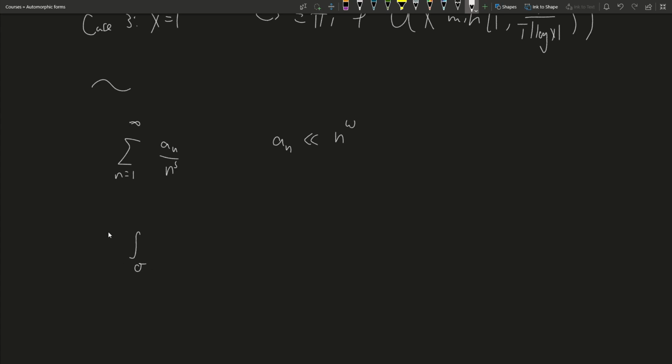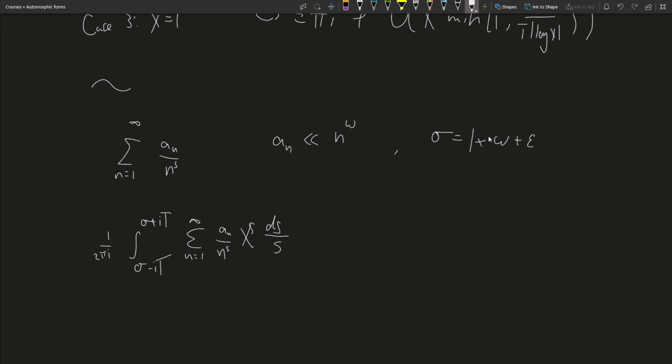That's going to be the integral, say 1 over 2 pi i, from sigma minus it to sigma plus it of the sum n equals 1 to infinity of a_n over n to the s, times x to the s ds over s. And here we're going to assume that sigma, let's just take it to be 1 plus omega plus epsilon for some small epsilon that may change from line to line.